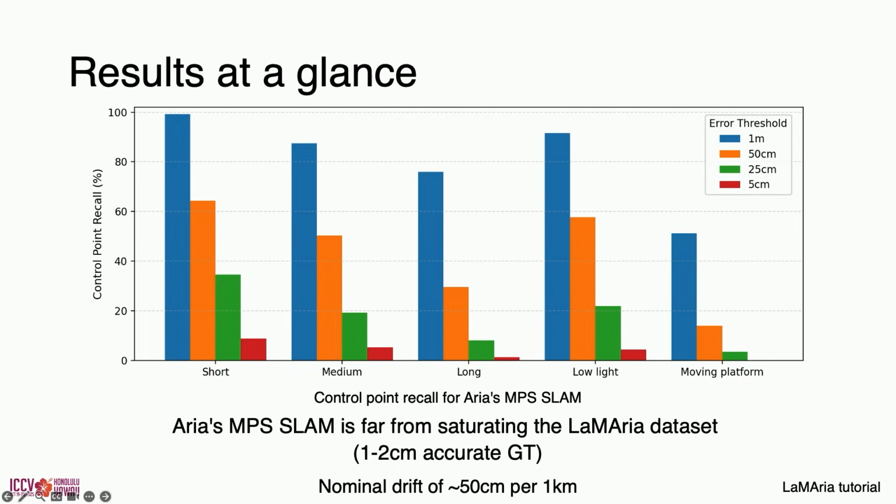And as we make this error threshold stricter and stricter, you can see that the recall values are extremely low, and in some cases 0 as well. So we believe this data set can help with future iterations of Aria MPS, which is great. One more takeaway is that the nominal drift of MPS is approximately 50 centimeters per 1 kilometer in this main data set of sequences.